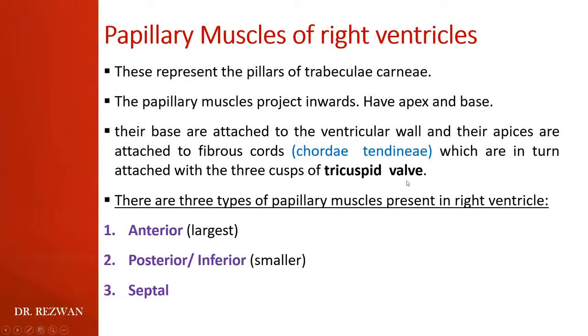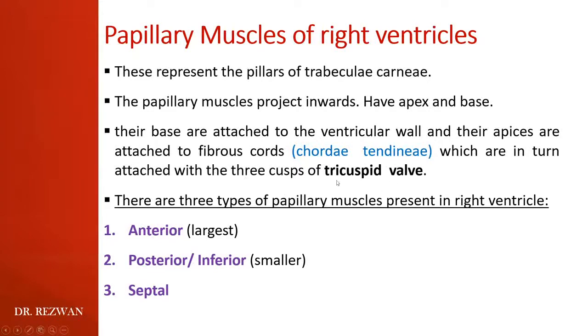Now let's see what is about the papillary muscles. This presents the pillar of the trabeculae carneae. As we know, the papillary muscles project inwards having apex and base. We already know that. Their bases are attached to the ventricular wall and their apices are attached to the fibrous cords called the chorda tendineae. We have seen it already, which are in turn attached to the three cusps of the tricuspid valve.